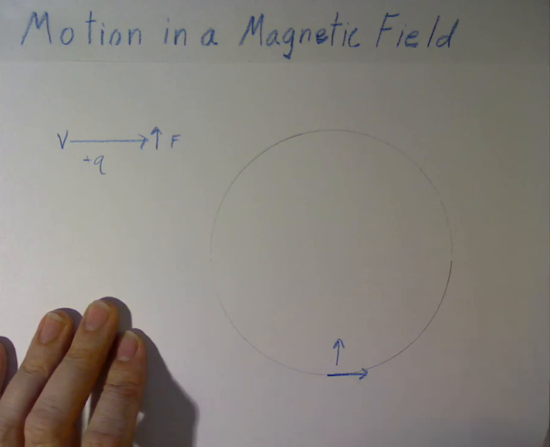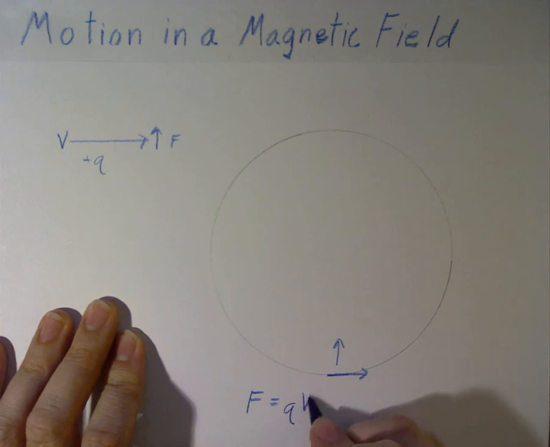The force acting on it, assuming there are no other electric fields, which will make this a more complicated situation, the magnetic force on it will be, Lorentz force law gives us, Q V cross B, where the x is actually the vector cross product.